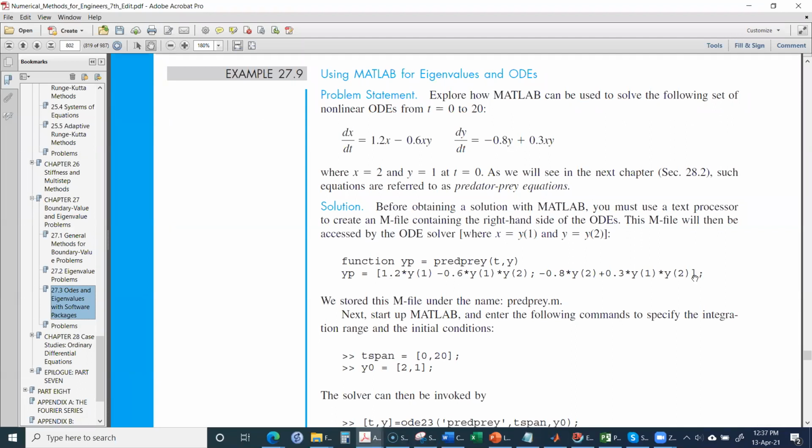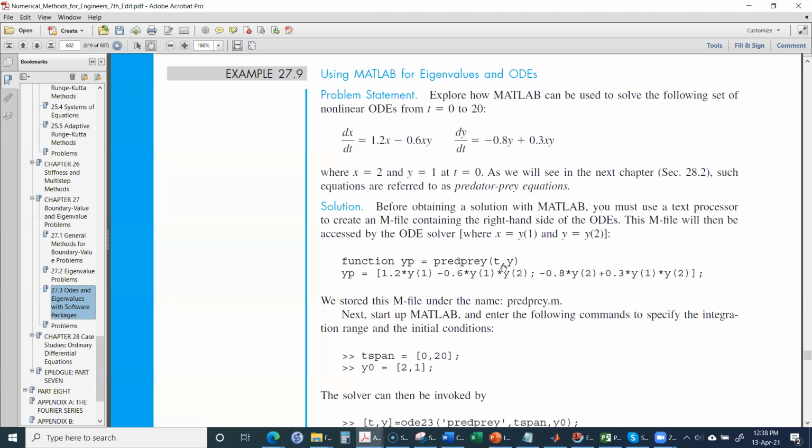So these brackets are for showing the two equations, because there is not just one equation but two equations, and these two equations have been separated by semicolons. So that means this is the first row and then that will be the second row. So it will be a 2 by 1 matrix yp in this case, representing these two equations.